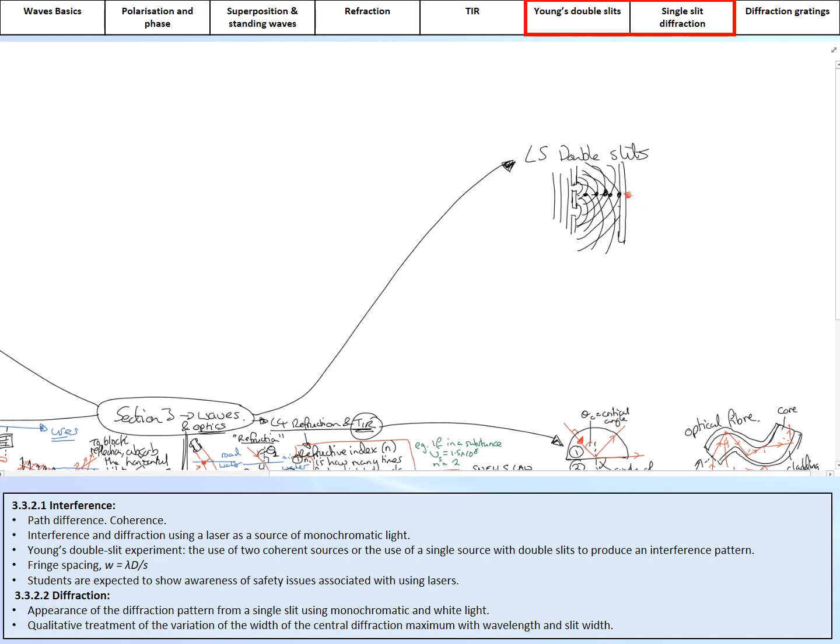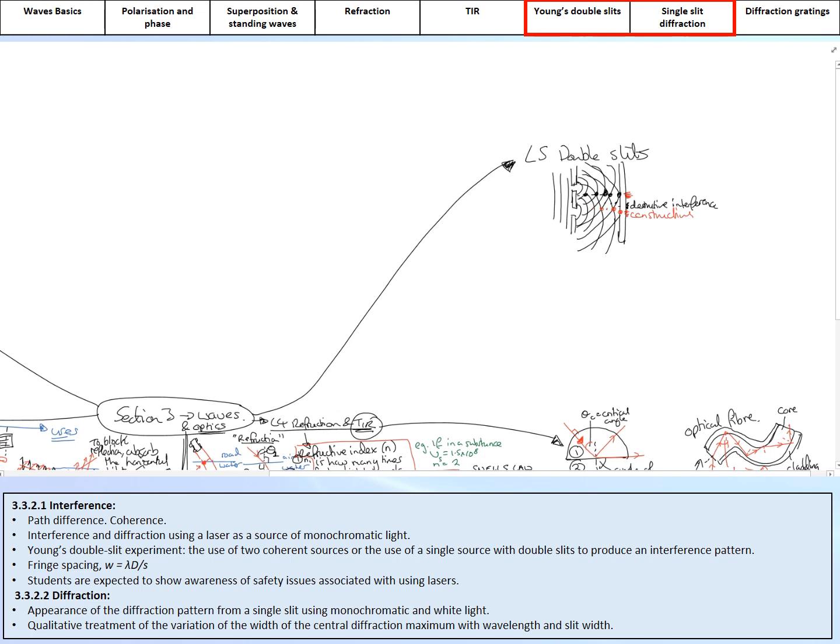At some point here, we get a peak and a trough. So peak and a trough, peak and a trough, and so on. So at that point, we get complete cancellation, destructive interference. And then at the next point, we get peak and a peak again. So we get constructive interference.